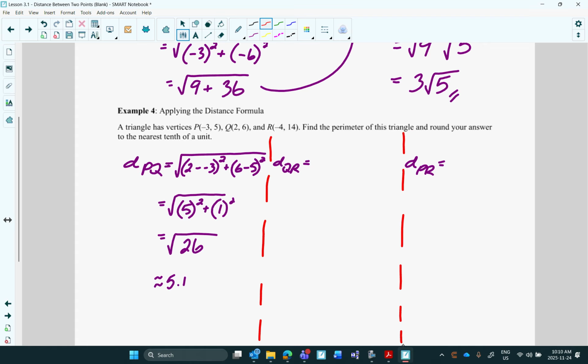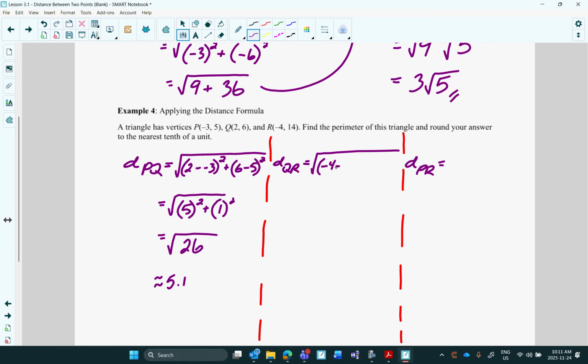QR. Now we got to change our x1, y1, and x2, y2. So we got to use these 2 points. So I'll use this as the second ones. This is the first ones. So square root of second x, which is what? -4 is the second x, minus the first x.